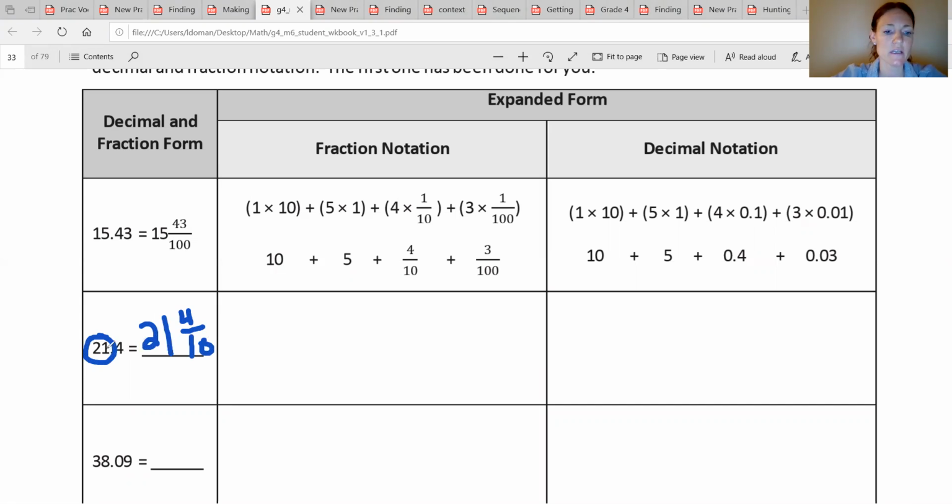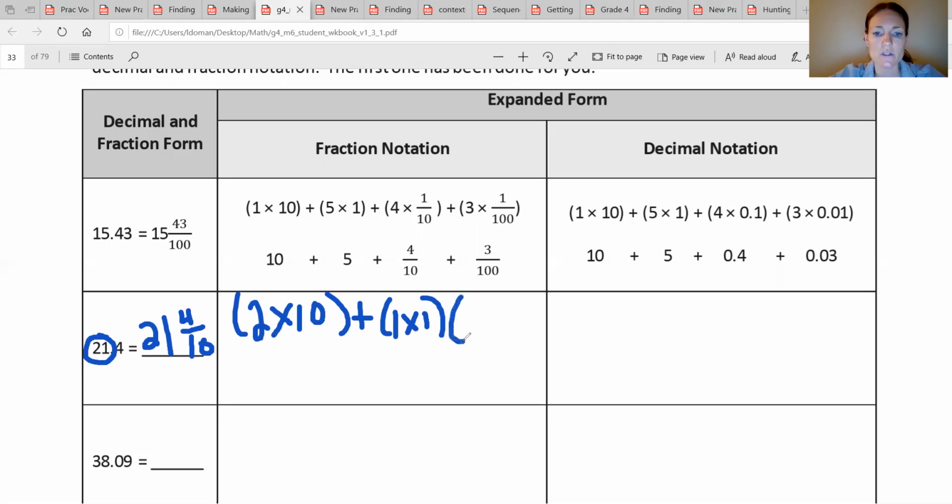All right, so the first thing I need to do is expand this to get 21. So we like to use the base 10. I'm going to go ahead and start with 2 times 10 equals 20. Now I need to get what times 1 is going to give me 1. Well, 1, of course. So I can go ahead and add that. 1 times 1. And then for my last one, I need to get 4 tenths.